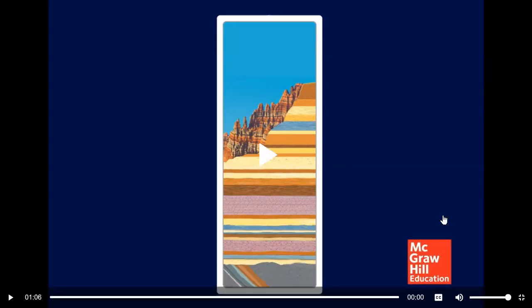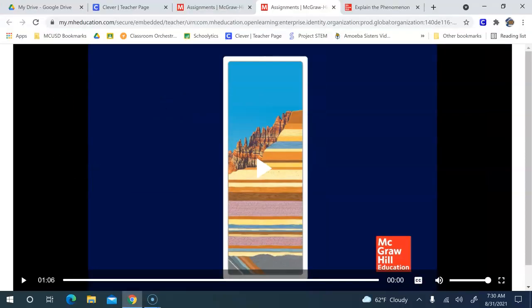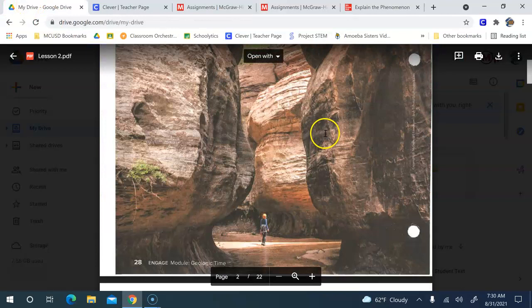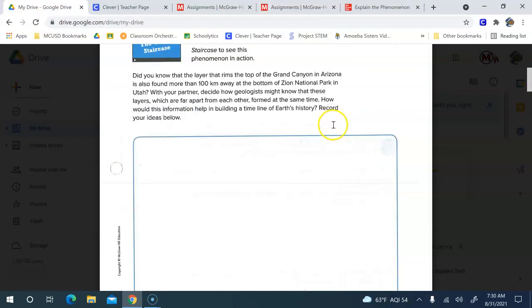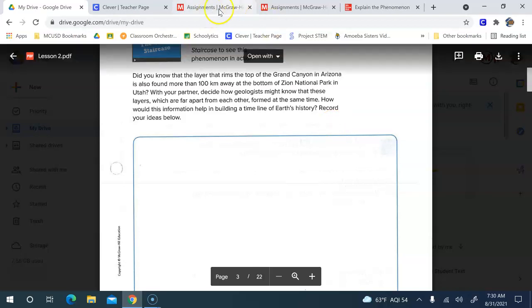Okay, so as we look through this video and we go to page 29, you'll see that we know that the layer that rims the top of the Grand Canyon in Arizona is also found more than 100 kilometers away at the bottom of Zion National Park.